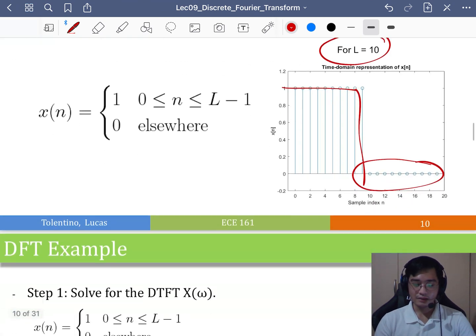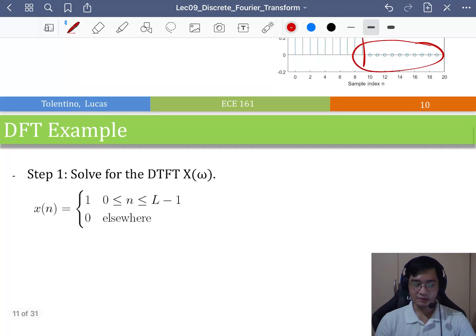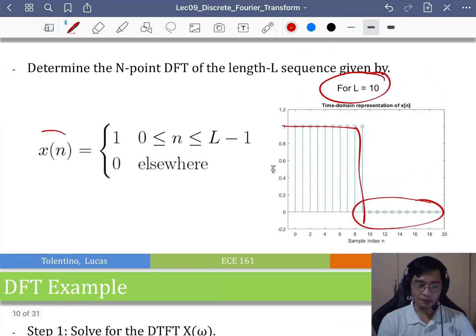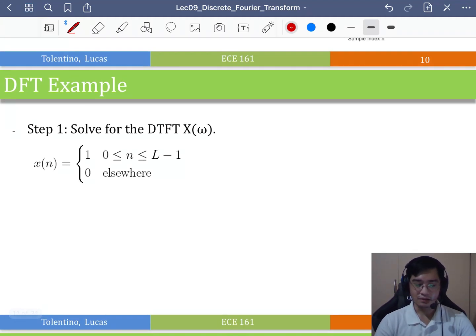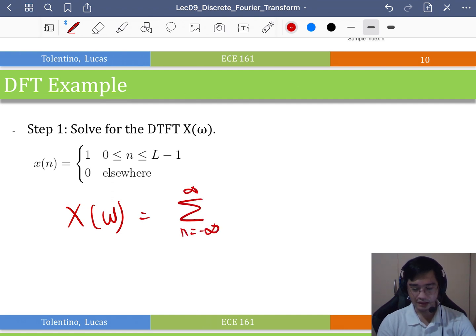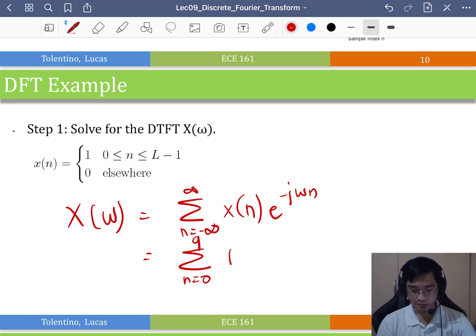The first step is to solve for X of omega in the continuous spectrum using the DTFT. To do that, we recall the formula: summation from n equals negative infinity of x of n e to the minus j omega n. But in this case, we only sum from 0 to 9, where x of n is equal to 1, so e to the minus j omega n.